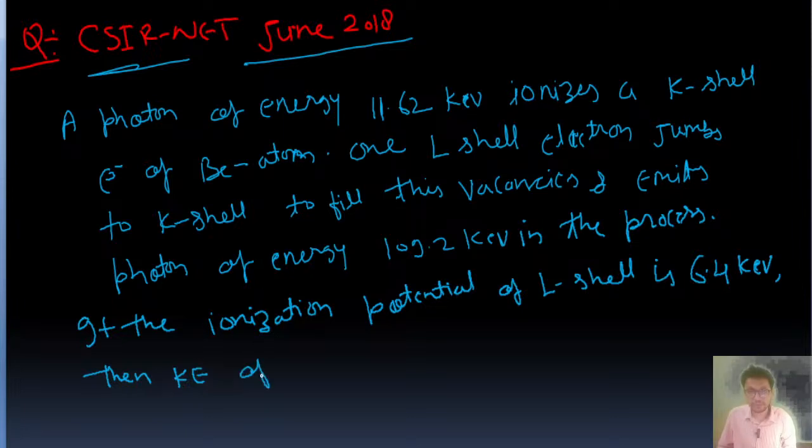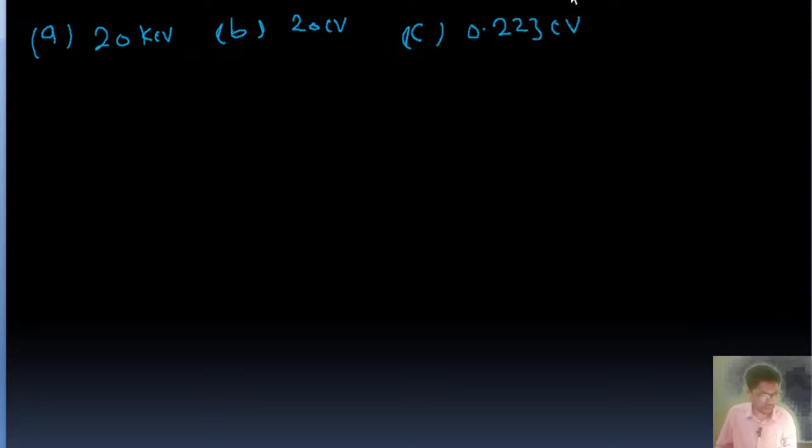the kinetic energy of the beryllium ionized electron is, okay, so options are: option A is 20 keV, option B is 20 eV, option C is 0.223 eV, and option D is 40 eV.